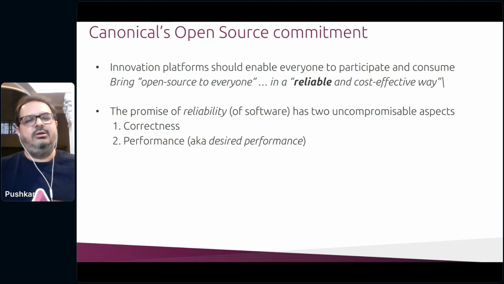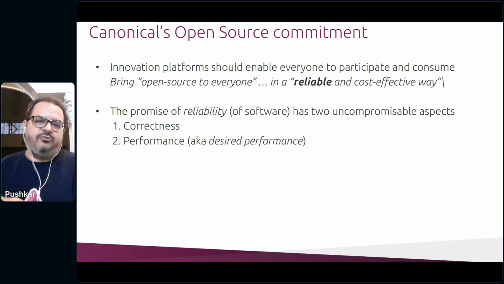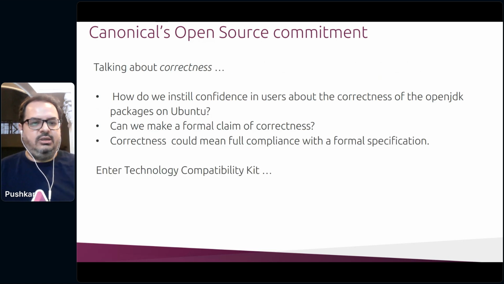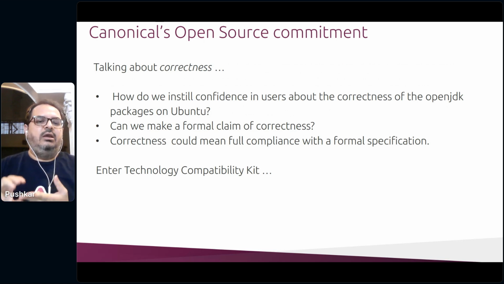Traditionally speaking, correctness should come before performance, yes, but I think when we talk of reliability, correctness and performance should go hand in hand. This talk is more about correctness than about performance. So let's look at what correctness means to us. So, talking about correctness, there are a few questions which we asked ourselves. And here I'm saying talking about correctness of our OpenJDK packages.